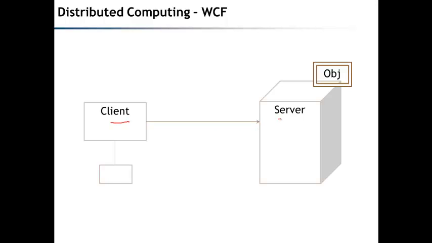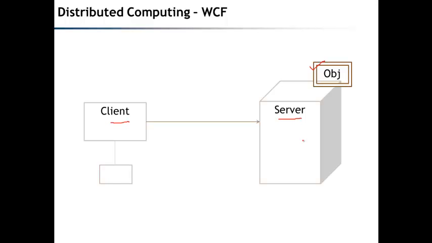Another example, if I talk about distributed computing, let's assume I have a client, and the client is talking and calling a class object that's hosted on a remote server, probably using Windows Communication Foundation in .NET Framework. Now, I could control how many objects I actually want created of the service, because that will really control the speed and the scale up of the number of clients connecting to me.